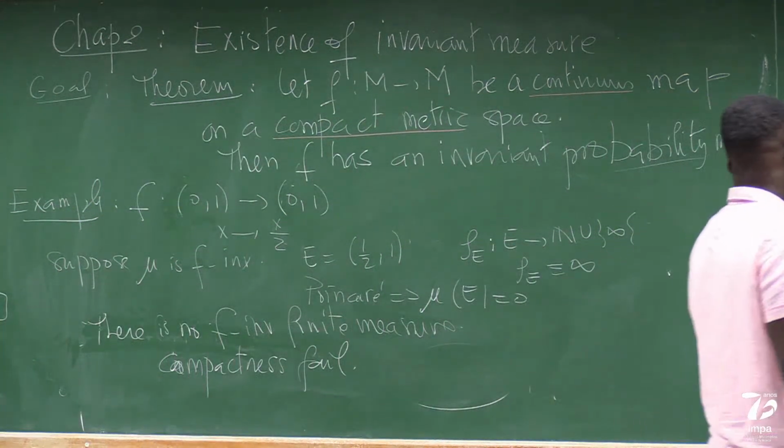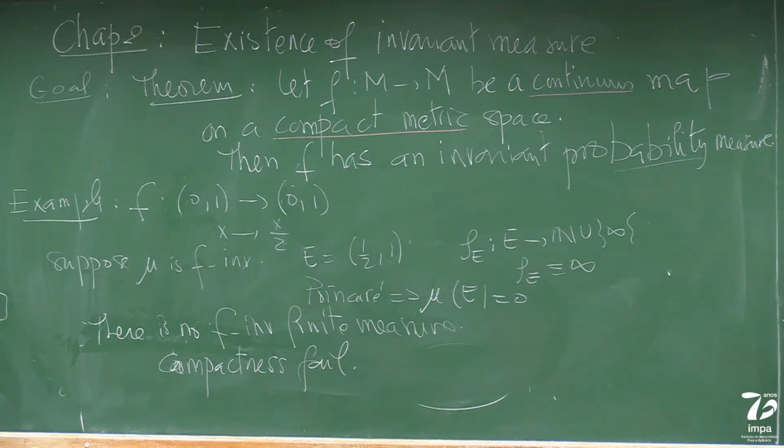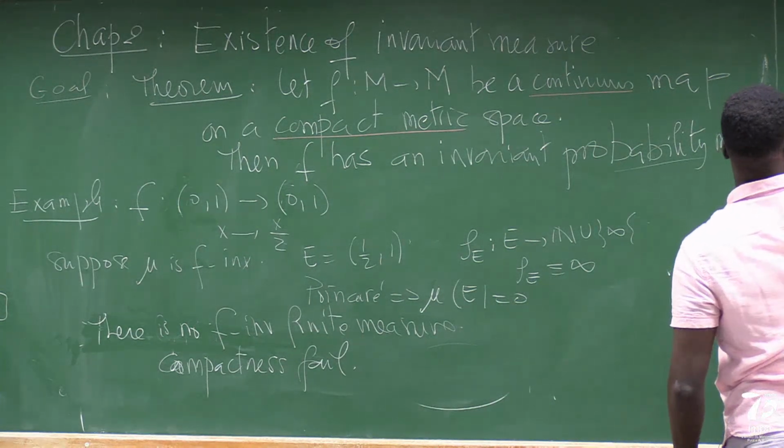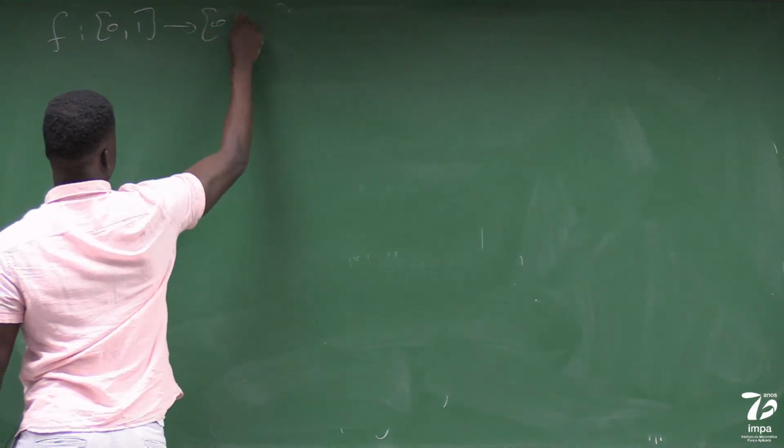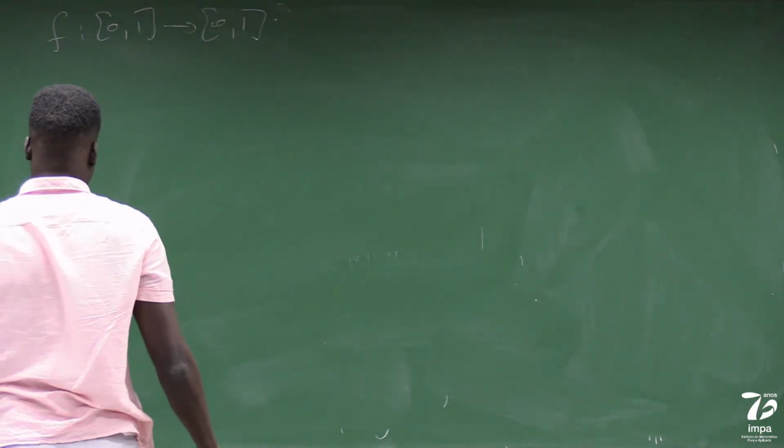Let's modify this a little bit by making it compact here. This example, and see where we get. So let's suppose that we have f from [0, 1] to [0, 1]. This is compact.